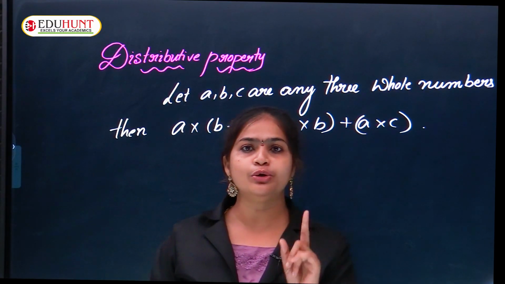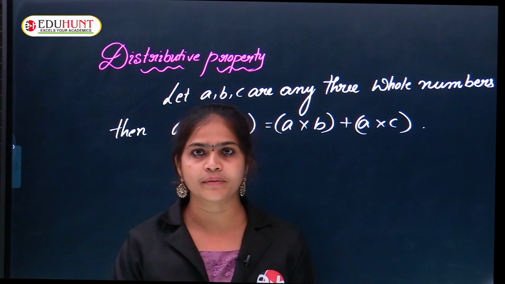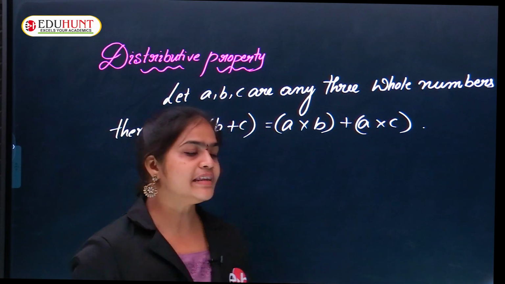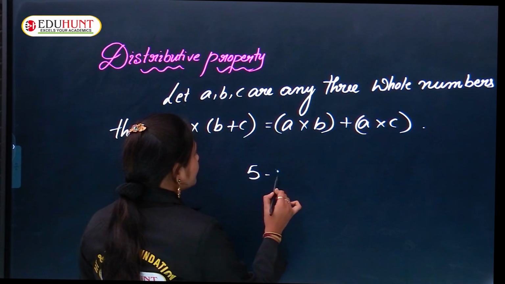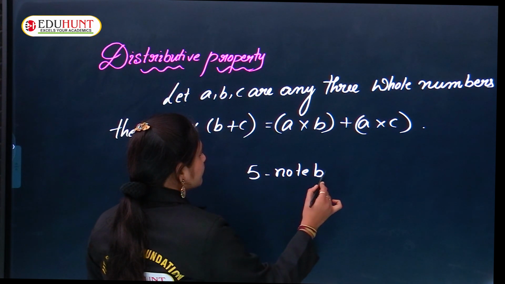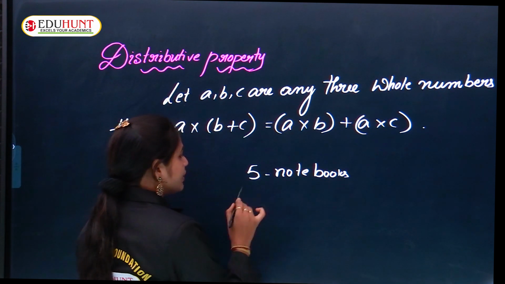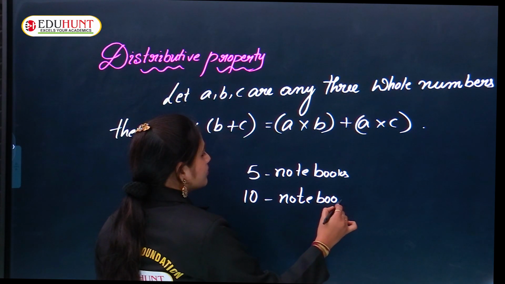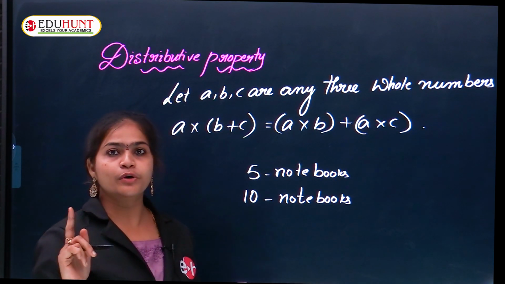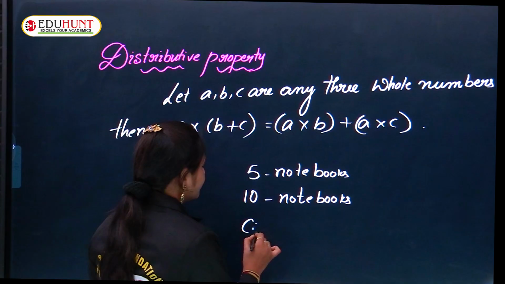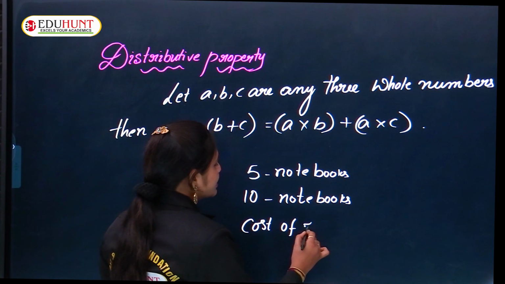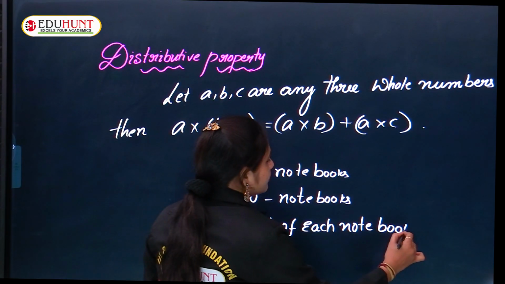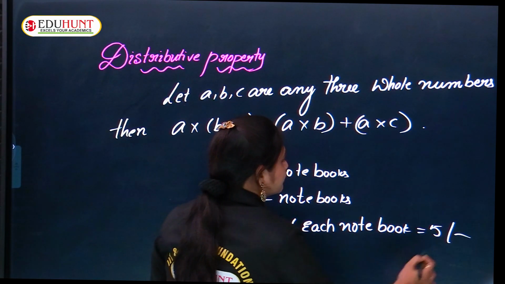See, for example, you and your friend go shopping, or you go to a stationery shop. You purchased 5 notebooks, and your friend purchased 10 notebooks. The cost of each notebook is 5 rupees.